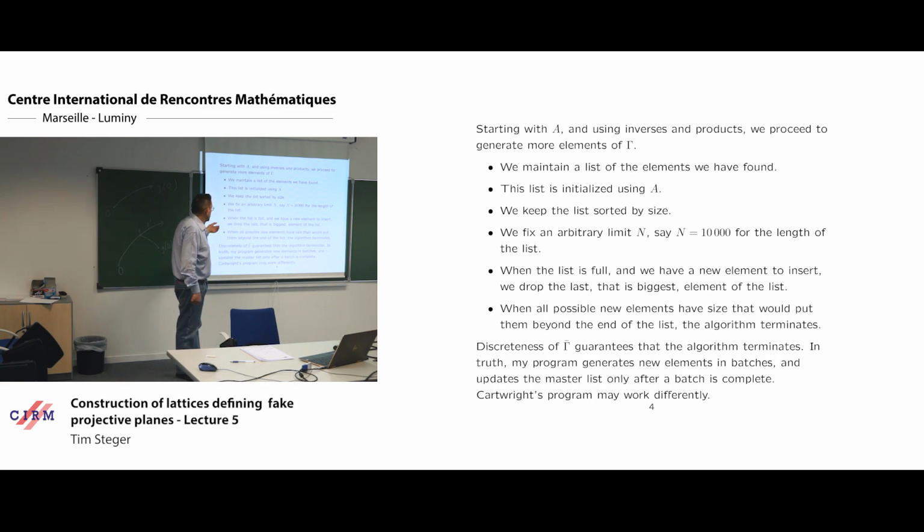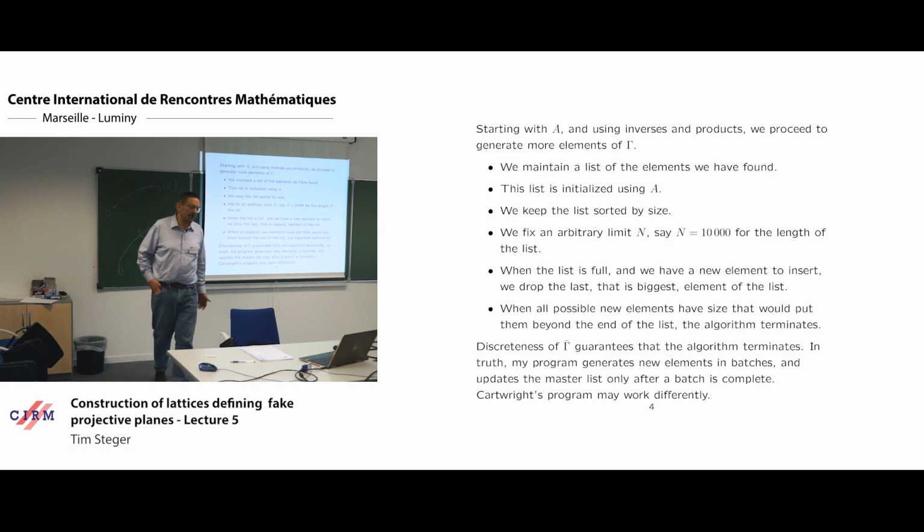And it may be that the list is full, and if that happens, we drop the last element in the list. So we're always keeping the smallest n elements that we've found. Now, at a certain point, all possible new elements, that is, all products, have a size that puts them beyond the length of the list. So then we're not going to be able to put anything more in, and that's when it stops.